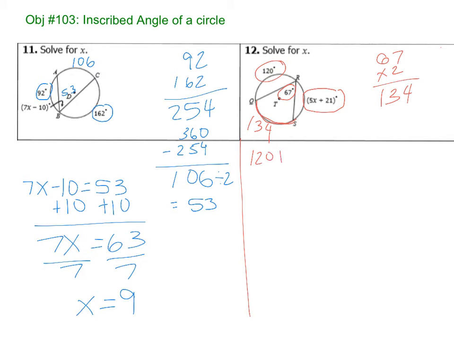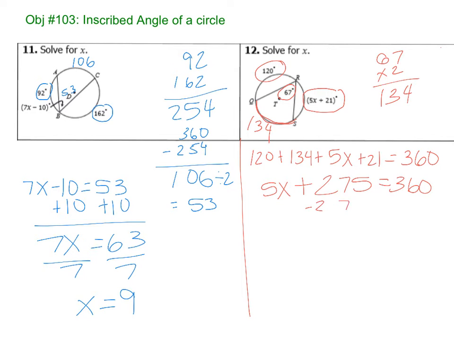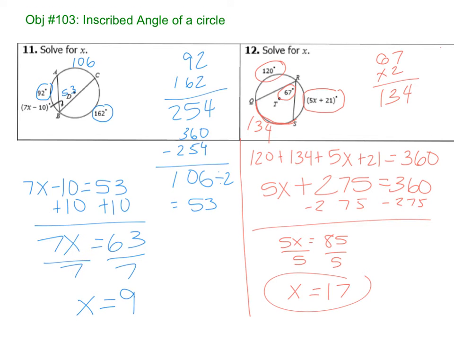So 120 plus 134 plus 5x plus 21 equals 360. So 120 plus 134 plus 21 is 275. Subtract 275 on both sides. 5x equals 85, divide by 5, x equals 17. Done.